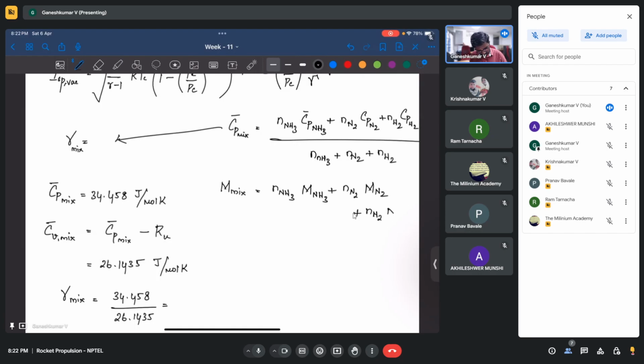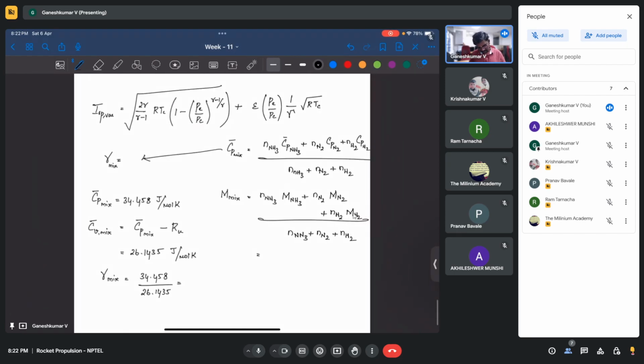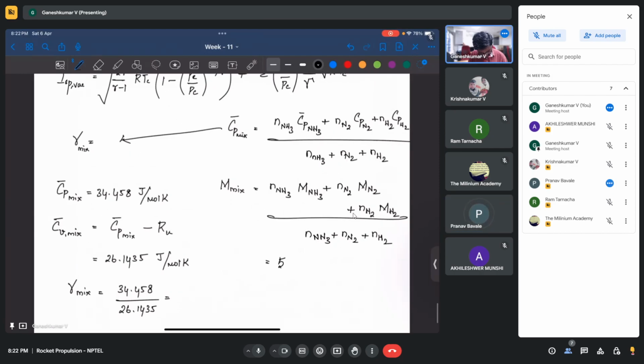Similarly, how much is the molecular weight you are getting? So once you find these two, you can substitute. 58.62 looks a little higher, because all are 17, 28 and 2, so I would expect somewhere in between.